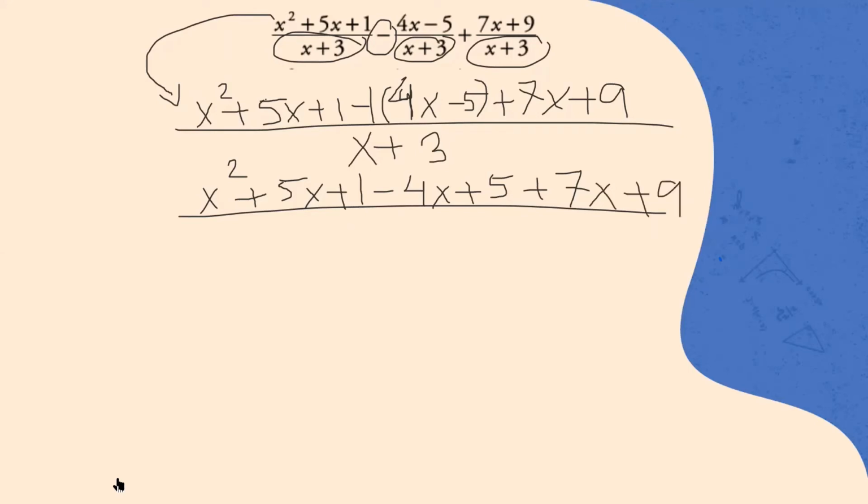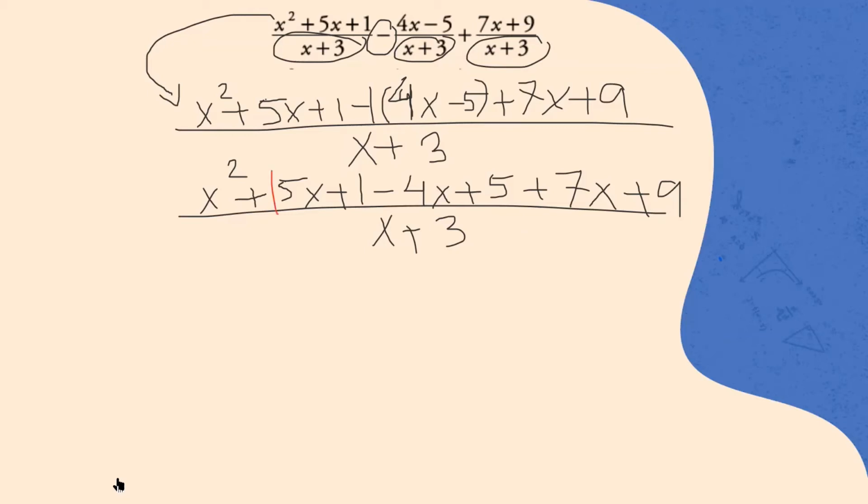Once you do that, you should be looking for your like terms. What are the like terms that you see in here? X squared. Do you see any other terms raised to the second power with the variable x? No. So x squared is just going to stay in there. Now let's look for the terms that have x in them.